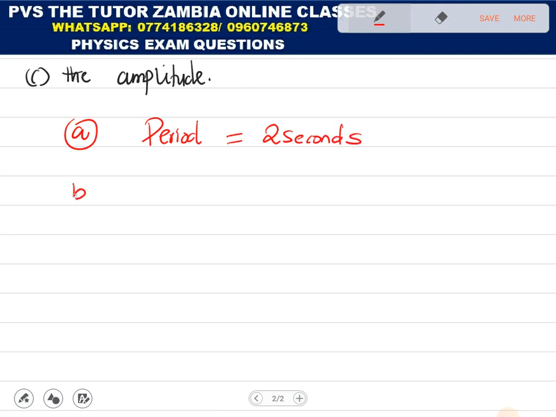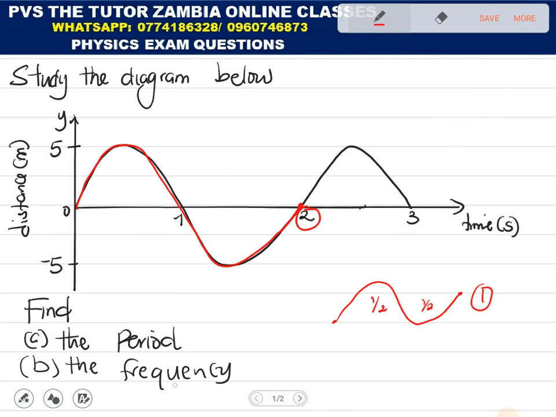Let's go to B. B says the frequency. What is frequency? Frequency is the number of complete cycles made in a second. How many cycles have been made in 1 second? Locate where 1 second is. 1 second is here.